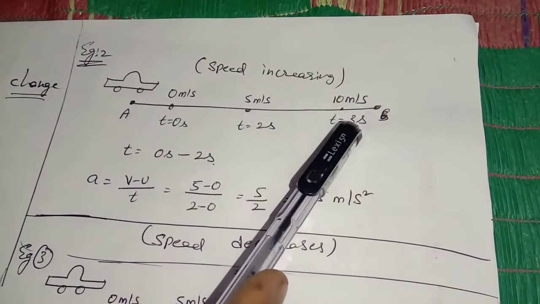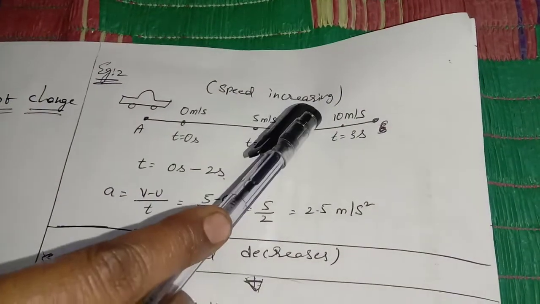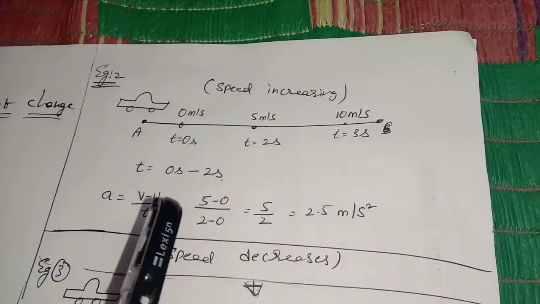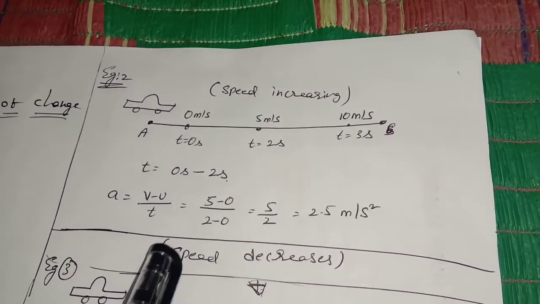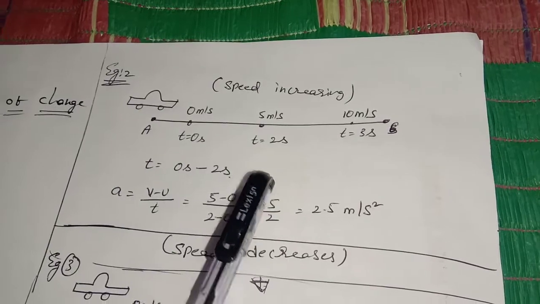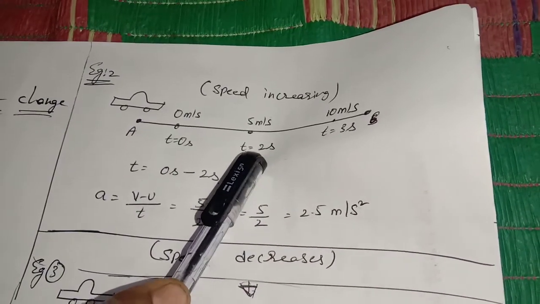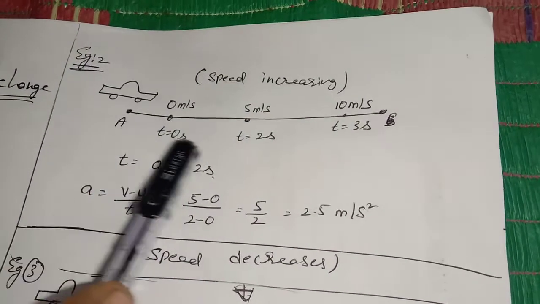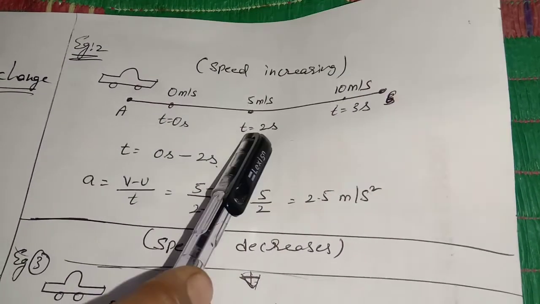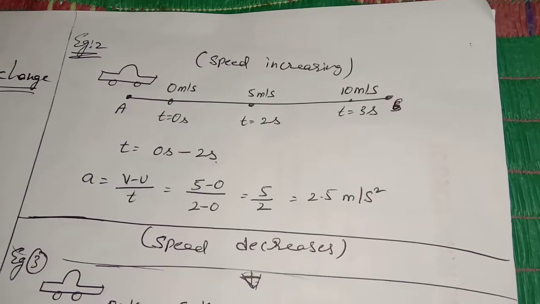Then at 3 seconds, it is at 10 meters per second. If I want to know the acceleration from time 0 seconds to 2 seconds, I want only this much.